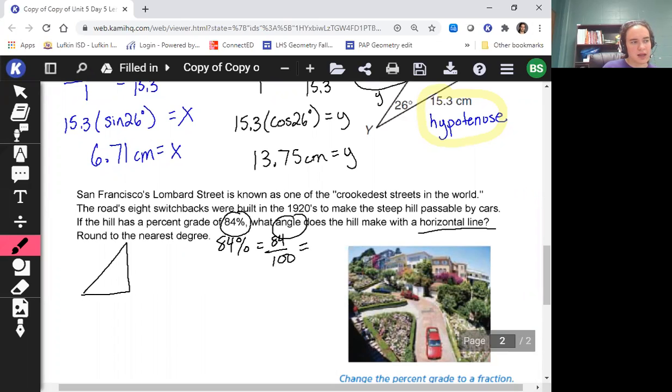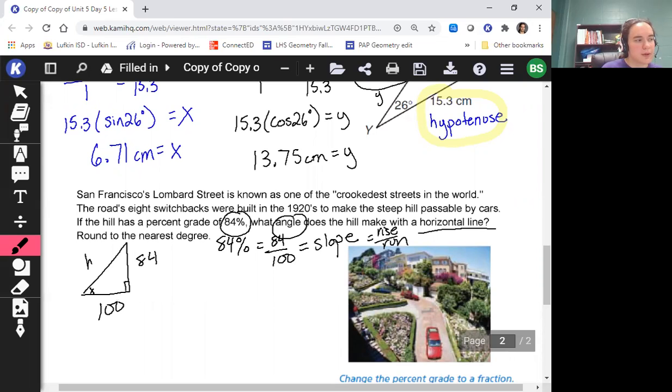And this is like our slope. It's rise over run. So we'd have 84 going up, 100 going across. And we're looking for this angle down here, the angle that is being made with the horizontal.